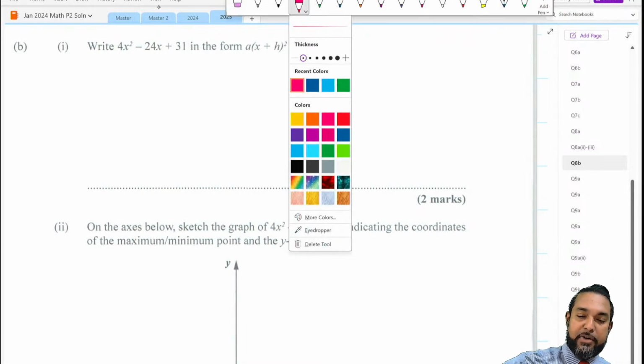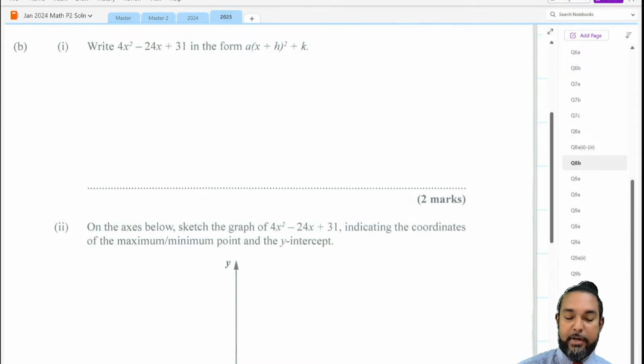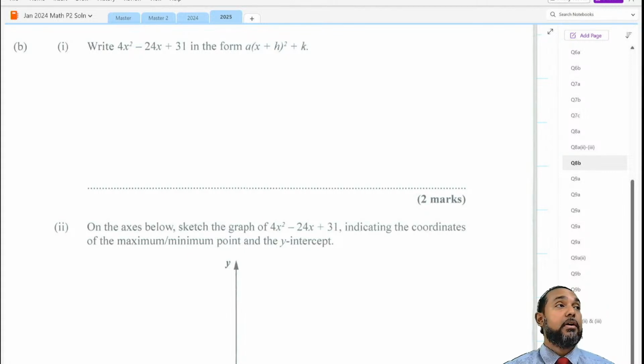Okay, so just backtracking to the last part of question 8 that we didn't do last time. Write 4x squared minus 24x plus 31 in the form a(x plus h) squared plus k. So this is completing the square.